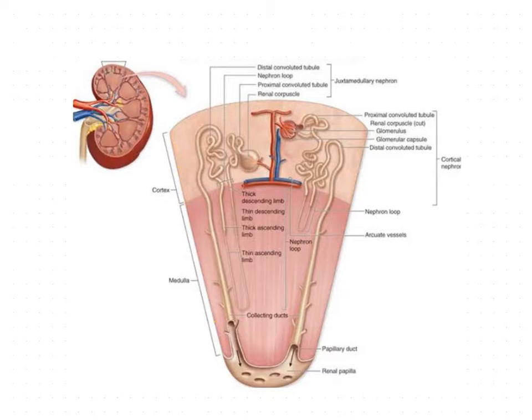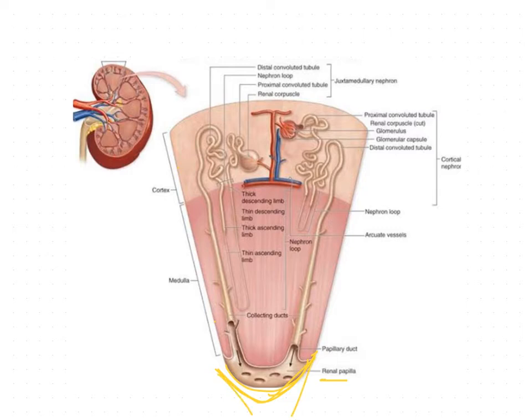How is this renal papilla formed? The fusion of 2 or 3 pyramids forms each papilla. Here you can see the renal papilla, which is indented into the minor calyx.